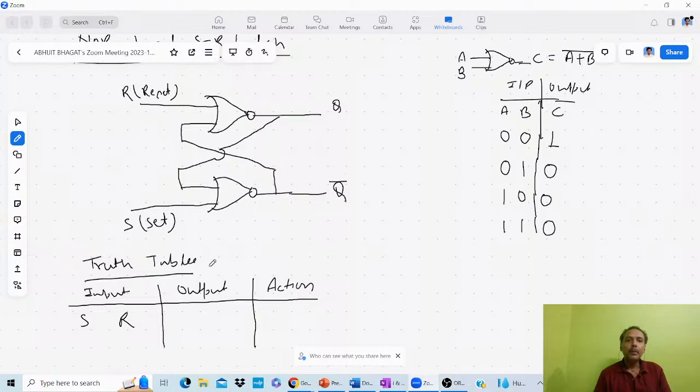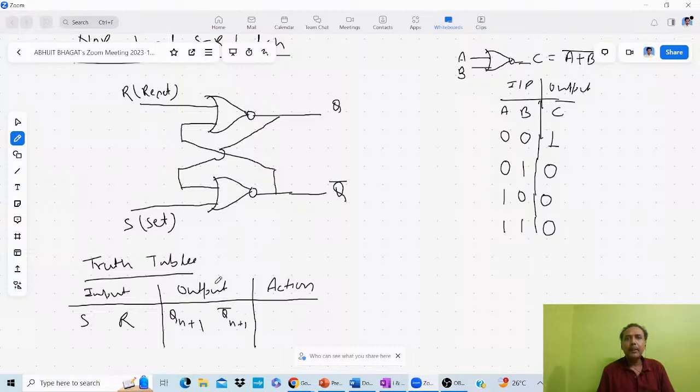Suppose at this time Qn is the output, then Qn plus 1 will be the next output. After applying the input you get the next output, so here your output will be Qn plus 1 and Qn plus 1 bar.